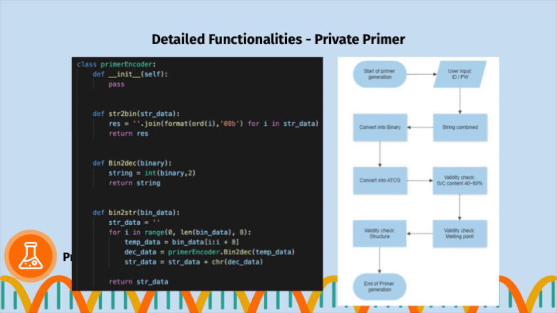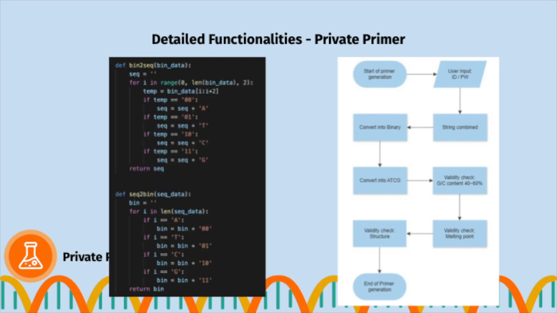You can see the first 5 functions, except the initial functions, are the functions that change string, binary, and sequence data into one another using for loops. The progress of encoding is string to byte decimal, decimal to binary, and binary to sequence. If you check the binary to sequence function, 00 corresponds to A, 01 to T, 10 to C, and 11 to G.